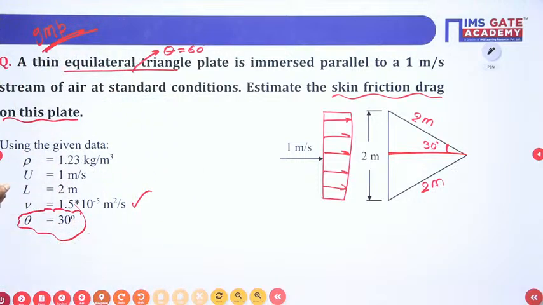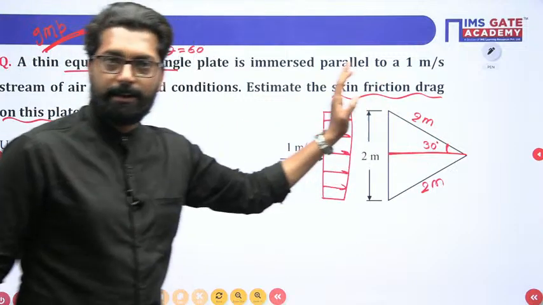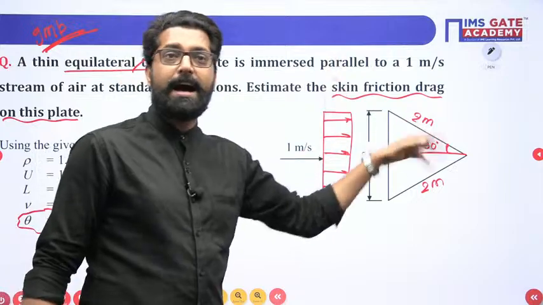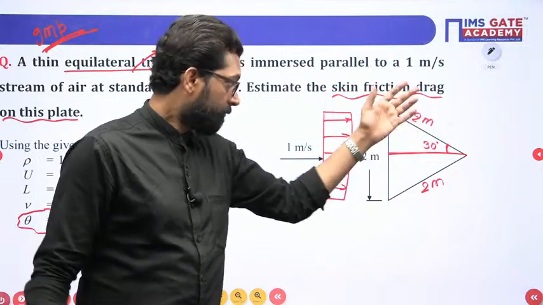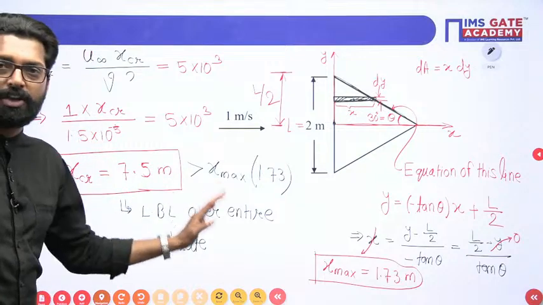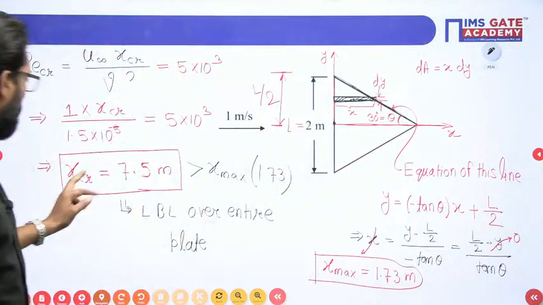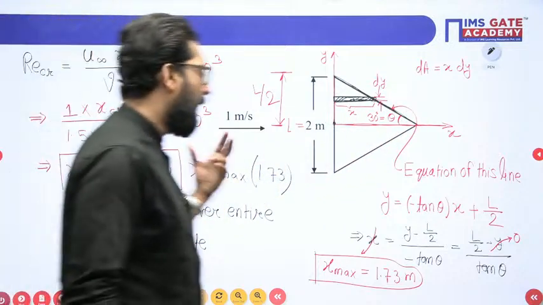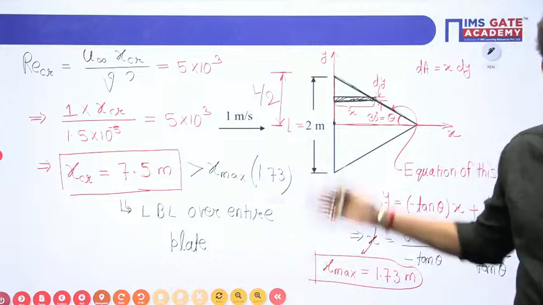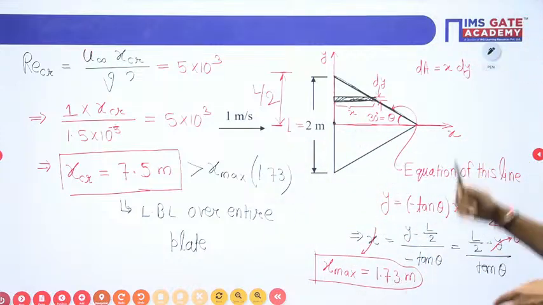So what is the approach here? The approach is that you have to find whether the flow is laminar or turbulent. We have seen that the flow over the entire plate is laminar, because the critical length is higher than the given length of the plate. The given length of the plate is 1.73.